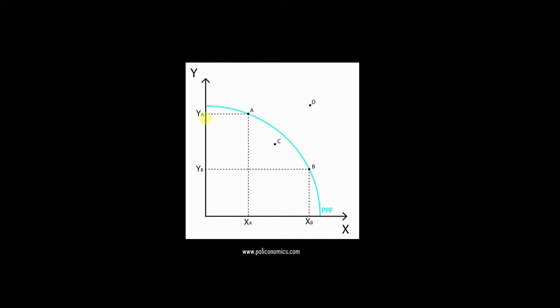And so this is known as a PPF graph, and it shows two goods or anything else, and one would be the y, one would be x, and this would show how much we could produce of one item and how much we could produce of another item.